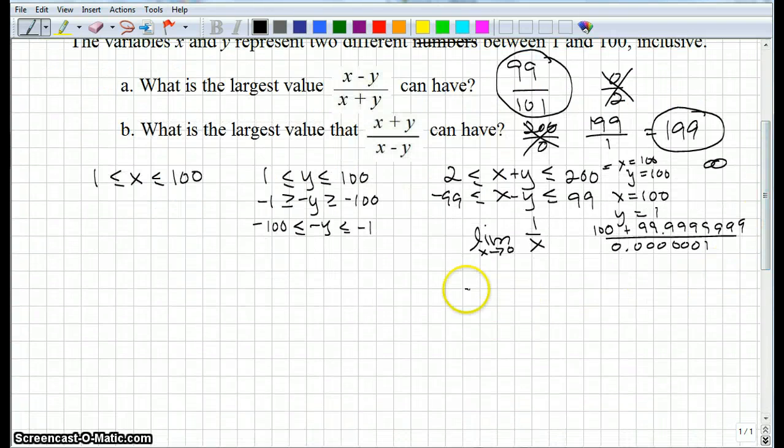If you look at the graph of 1 over x, I'm just throwing this in as an aside, you look at what happens if you just sneak up on 0. Now if x is 1, then 1 over x is going to be 1, right? If x is a half, 1 over x is going to be 2.